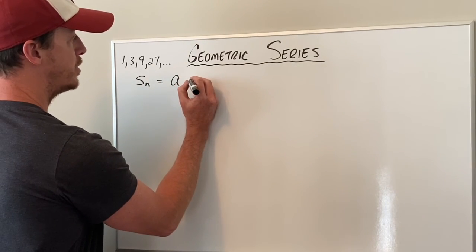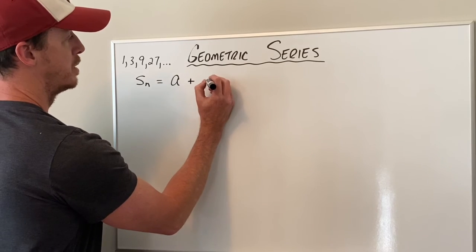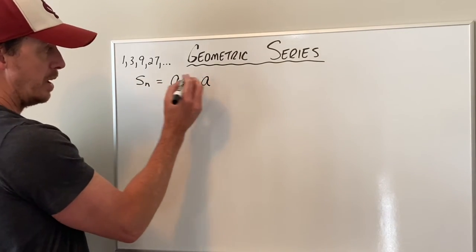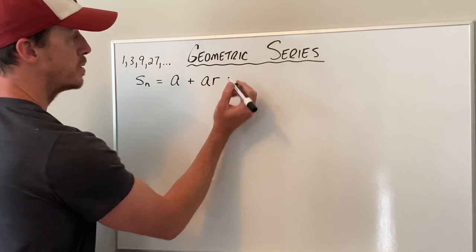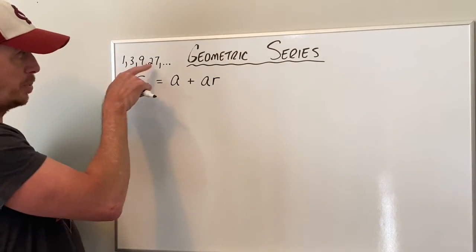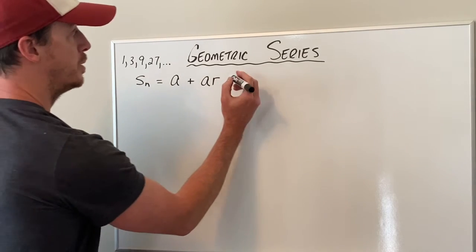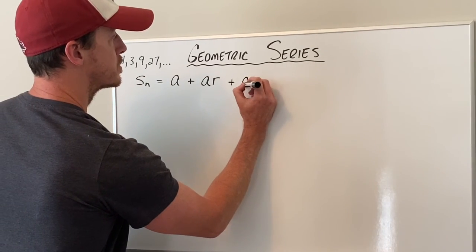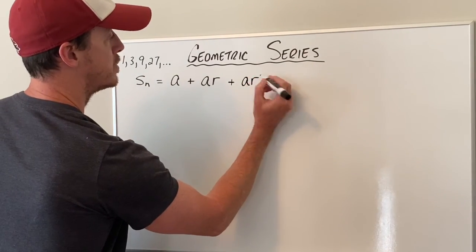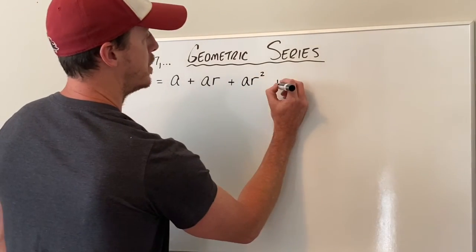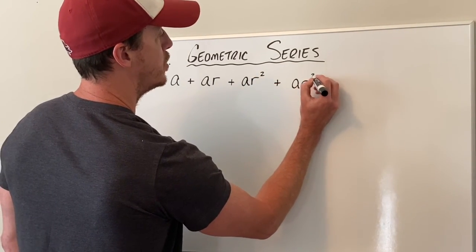And then every term after that is still the A, but now times whatever that common ratio is. Up here, the common ratio is 3. So the R would be 3. And then when you get to the next term, you just multiply another one. So that's R squared. And then R cubed.